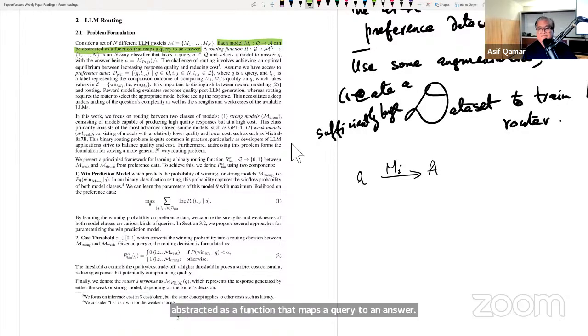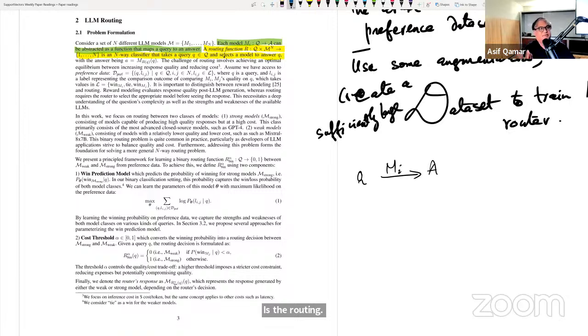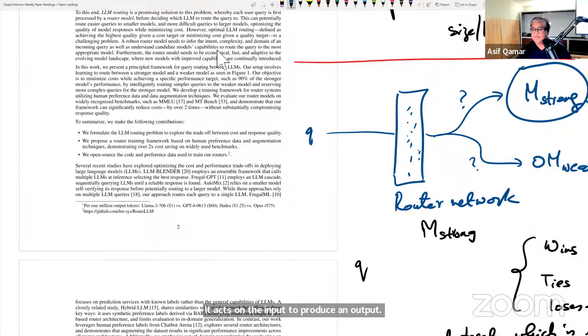Therefore, and this is the important statement, a routing function R is an n-way classifier that takes a query Q and selects a model to answer the question. So what you are really searching for is a routing network. But remember, in neural network theory, a network and a function are the same thing, because the whole neural network is nothing but a function. It acts on the input to produce an output.